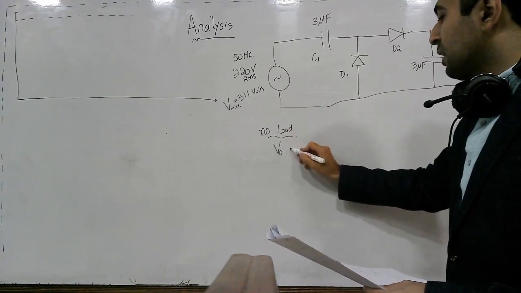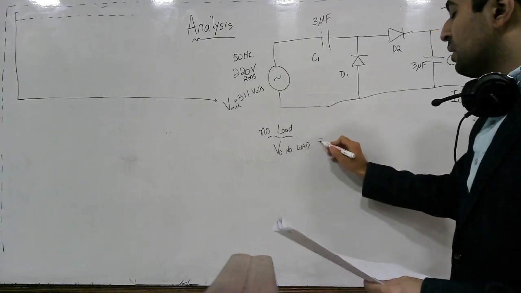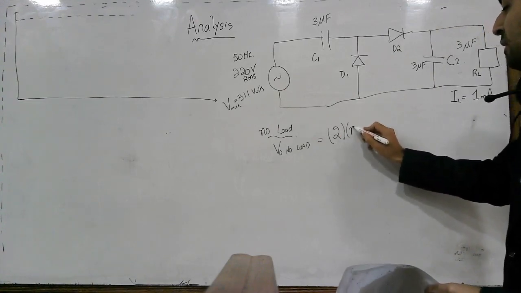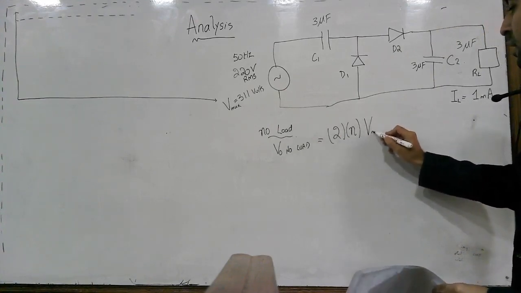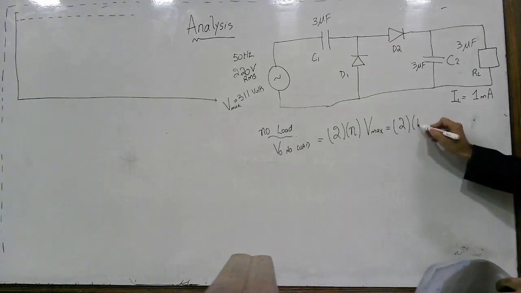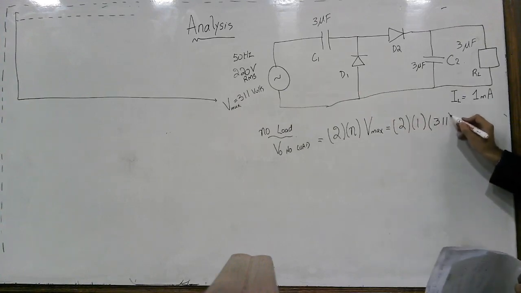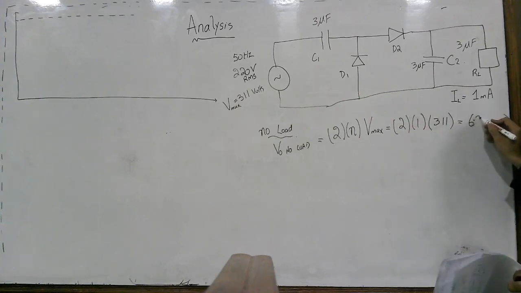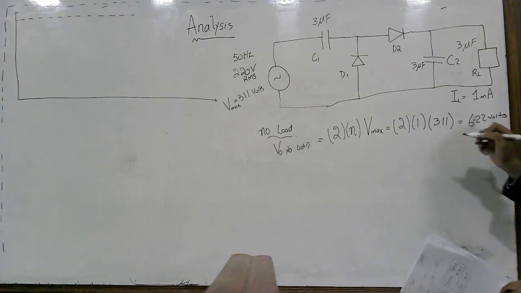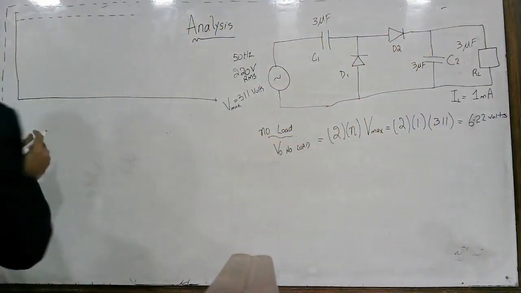V output at no load, the theoretical value, is equal to 2 multiplied by the number of stages into V max. The stage is only 1 and the input voltage has a peak of 311 volts, so it comes out to be 622 volts. Side by side, let us also make the output voltage waveform.